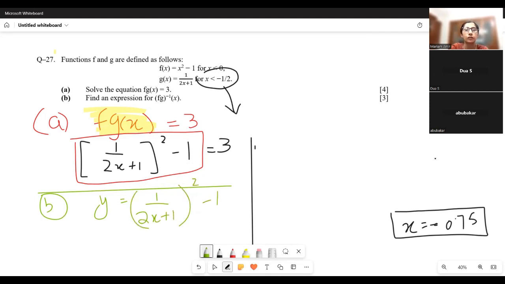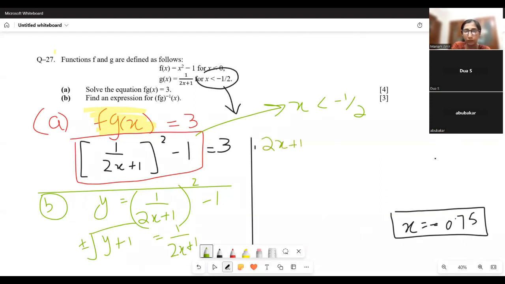And again, the domain of fg is x less than minus half. We might need it to determine the plus or minus sign with the final answer. So y plus 1, square root, plus minus, is equal to 1 over 2x plus 1. Take 2x plus 1 to the other side and 1 over square root y plus 1 with the plus minus sign for now.